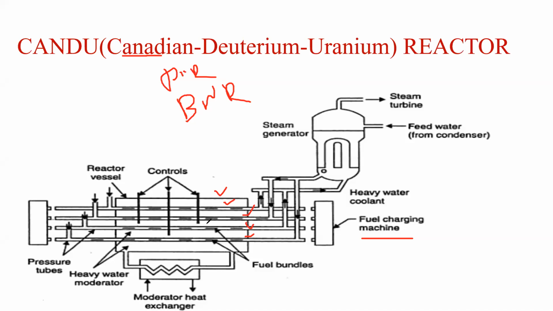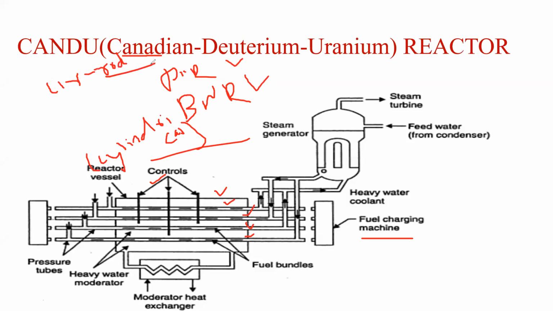Now these are the control rods. This is your control vessel, which is cylindrical in shape. What is the biggest difference from PWR, BWR or gas cooled reactor? There we use uranium rods, but here we use uranium oxide in the form of pellets.